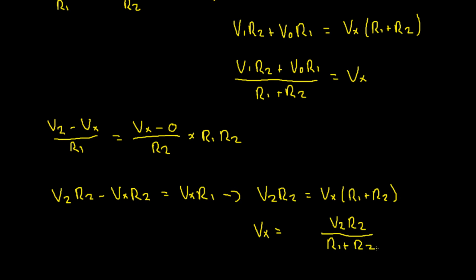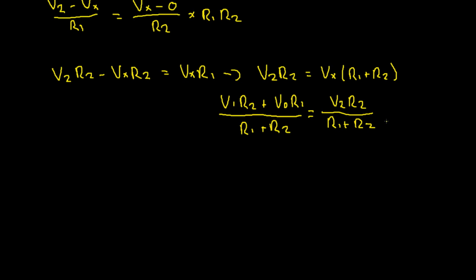Okay, so we now have two equations in terms of Vx. We can set those equal to one another and it will remove Vx from our equations. Let's do that. I'm just going to cheat real quickly and get a copy of this. We can notice that the R1 plus R2 is common to both sides, therefore it cancels, or in other words, we can multiply through by R1 plus R2.